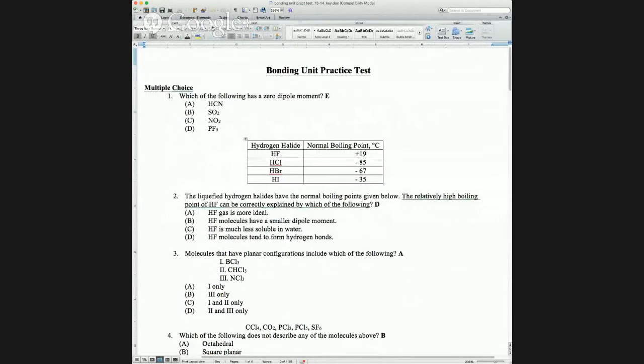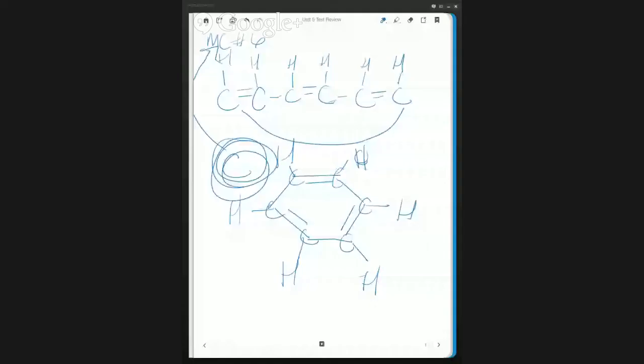All right, well, let me draw the Lewis structures for each of them. All right, multiple choice number 1.